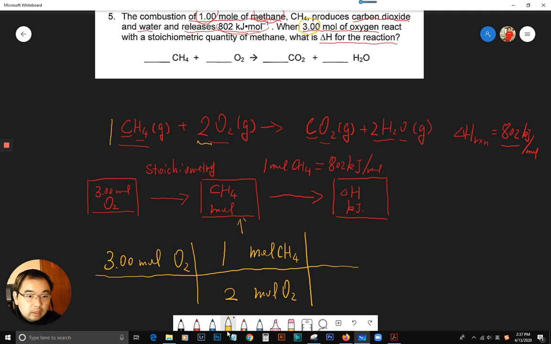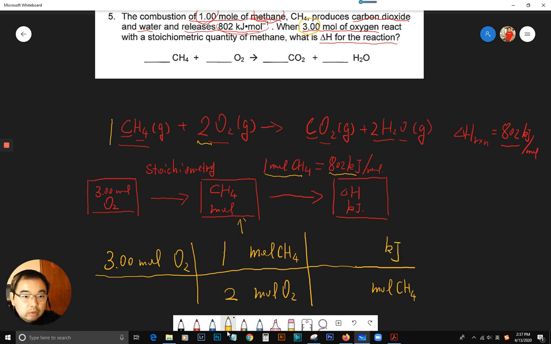Then the next step is to take the moles of methane and get the heat, the enthalpy. We know the relationship: 1 mole of methane gives 802 kilojoule. So we put the moles of methane on the bottom, and on the top we're looking for the kilojoule.